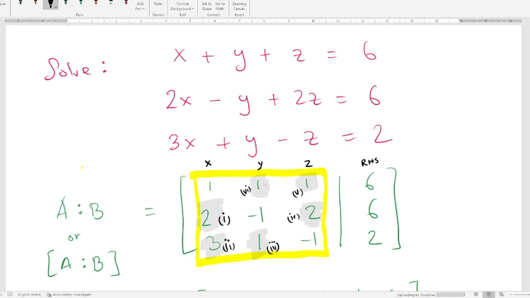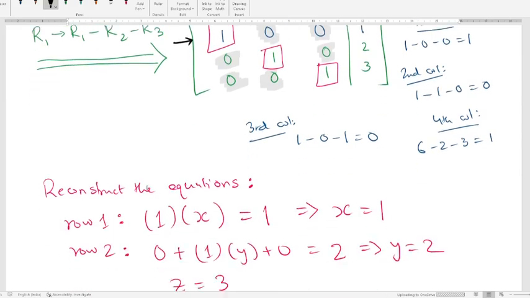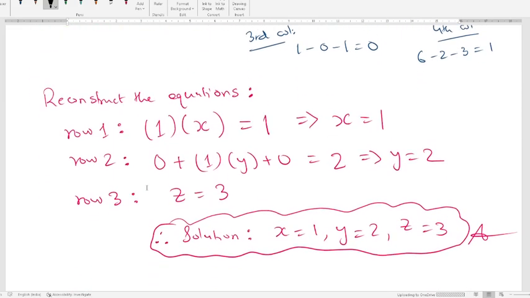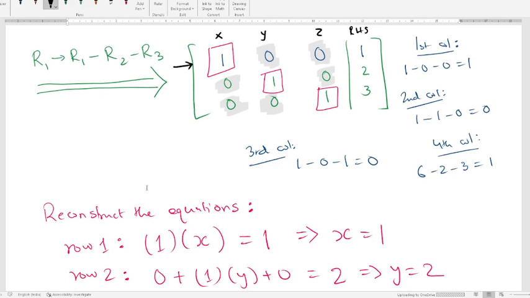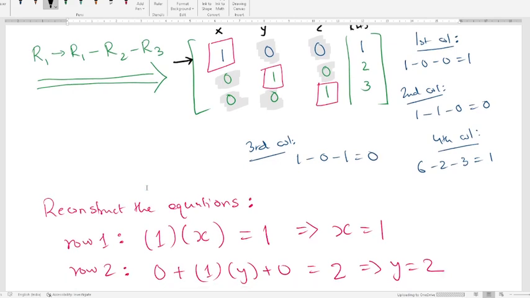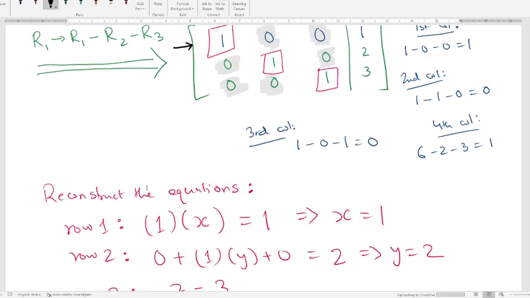Now what we are doing is converting the augmented matrix back to a linear system. That is exactly what we are doing in both the Gauss elimination method and the Gauss Jordan method. We look at the augmented matrix and convert it to the set of equations, and hence we get this particular solution.